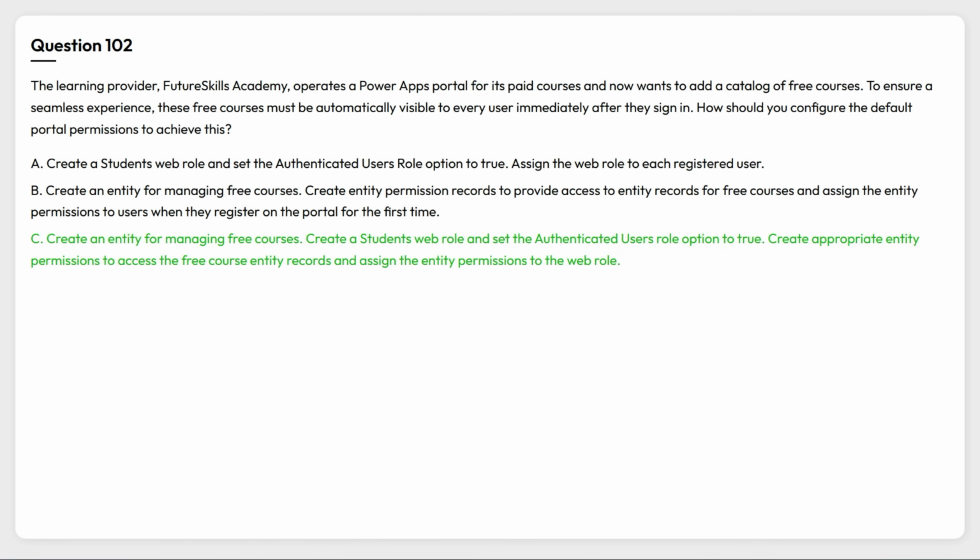The correct answer is option C. Create an entity for managing free courses. Create a student's web role and set the authenticated user's role option to true. Create appropriate entity permissions to access the free course entity records and assign the entity permissions to the web role.